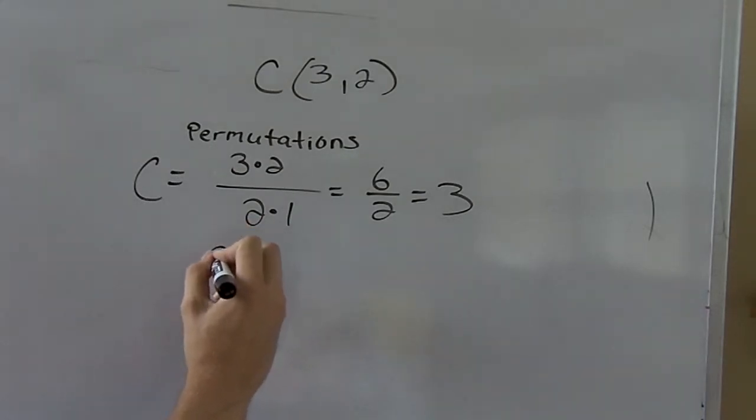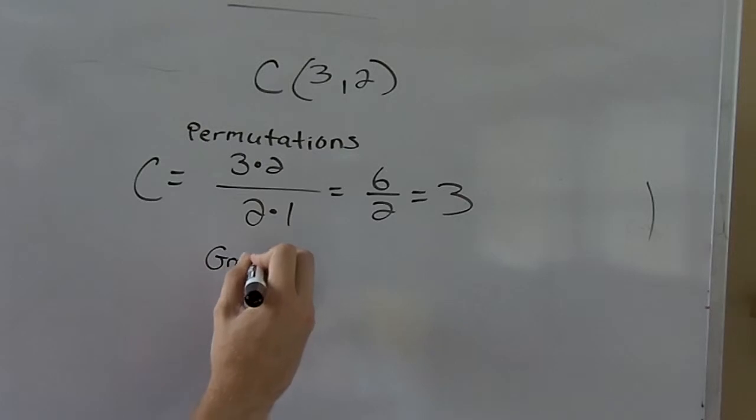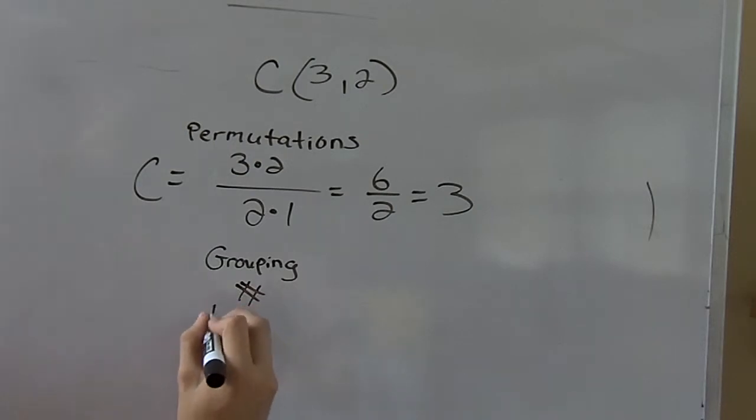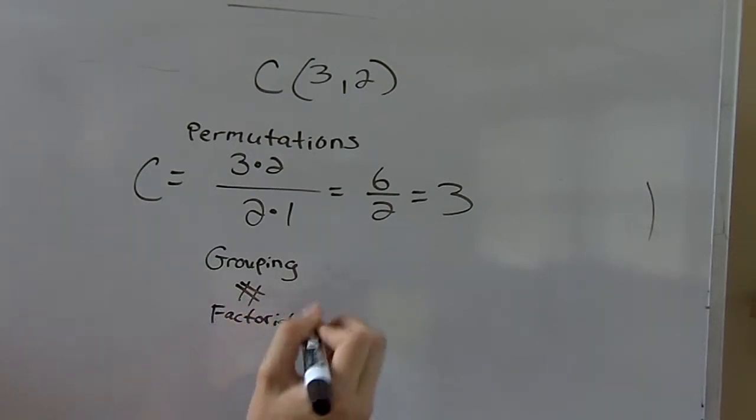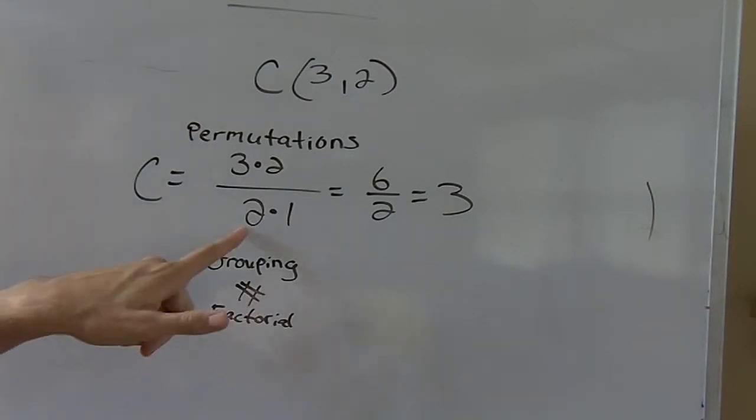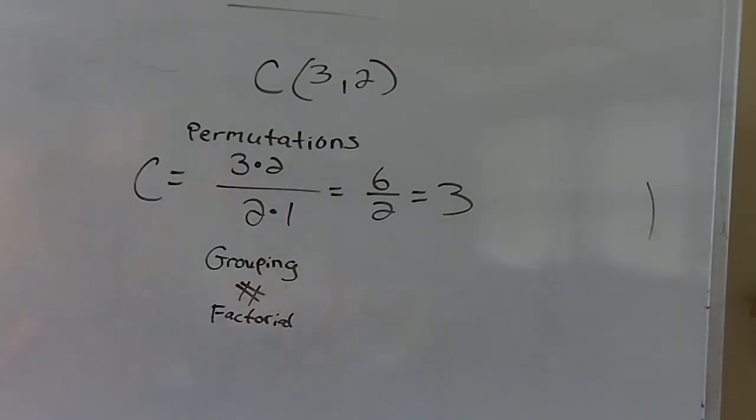It's how many numbers are in a group. So I'm going to call it the grouping number, and it's the grouping number factorial. So if that number was 3, I'd be doing 3 times 2 times 1. If that number was 4, I'd do 4 times 3 times 2 times 1. And I'll explain why here in just a moment.